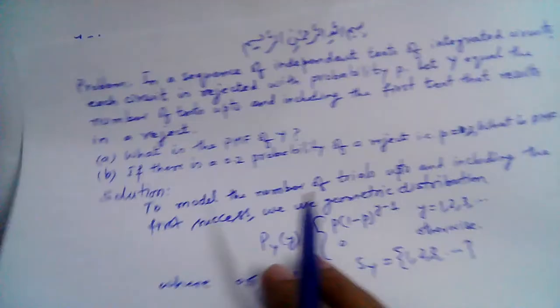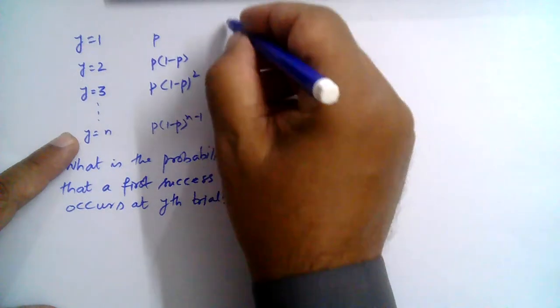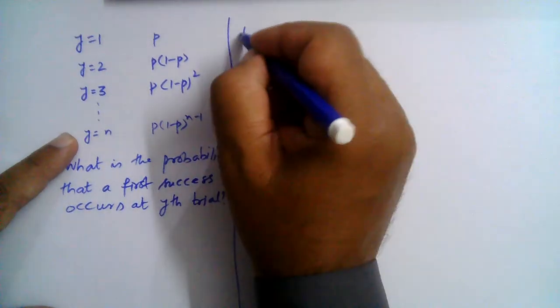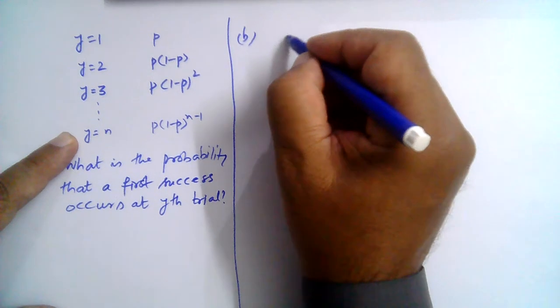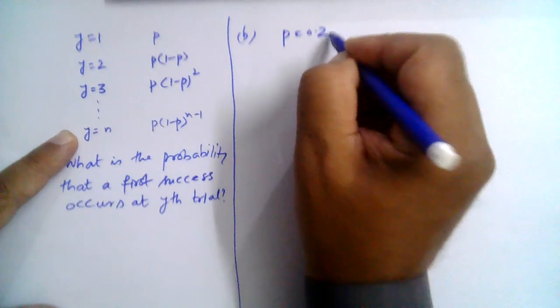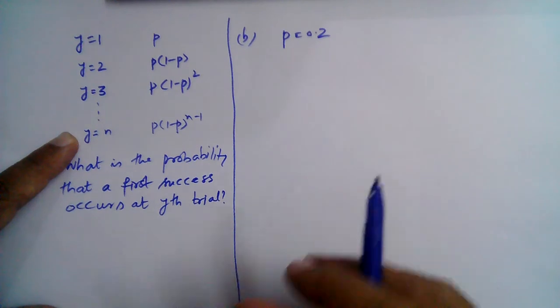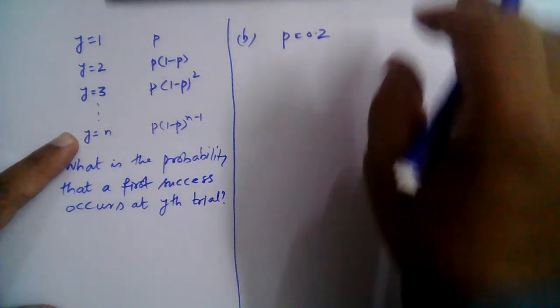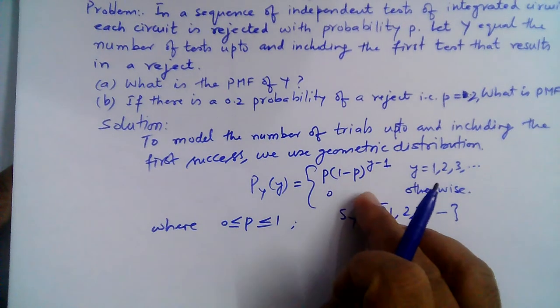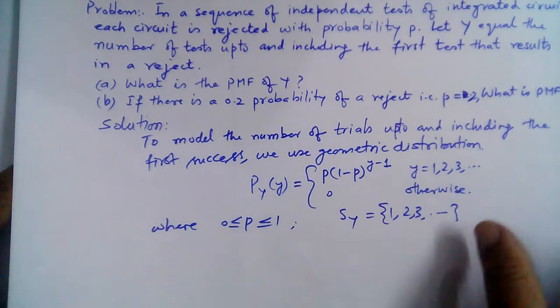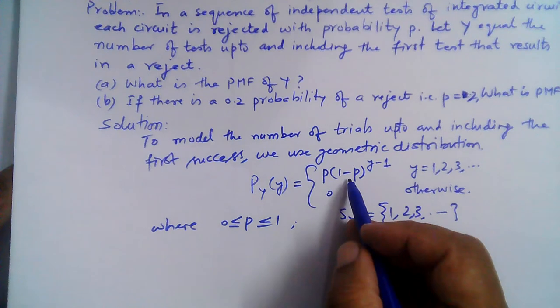Now to part B. For part B, we're given that the probability of a reject P is equal to 0.2. So simply substitute the value of 0.2 in this distribution, and we can rewrite it. P is equal to 0.2 and 1 minus P is simply 0.8, right?